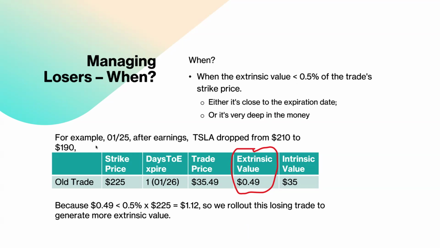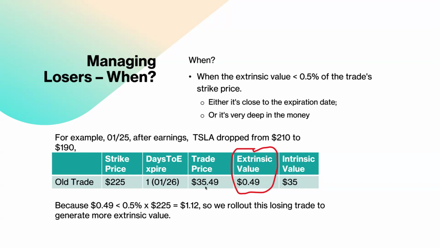Let me give you an example. On January 25th, after earnings, Tesla dropped from 210 to 190. So this is a put trade with strike price 225 and expiring in 1 day.